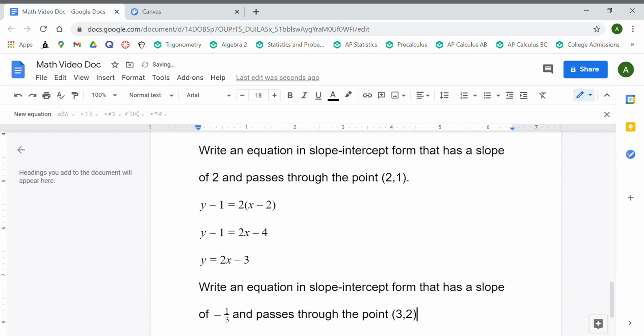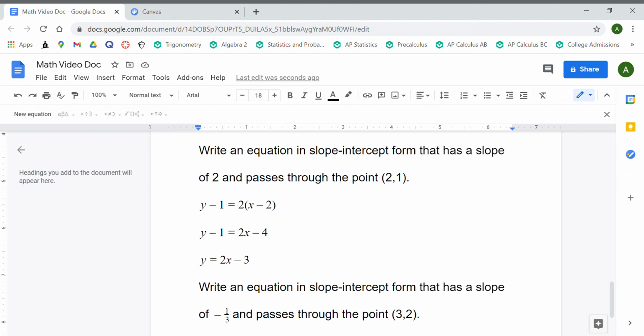Okay, so pause the video, write in point slope form, convert it to slope-intercept form, graph the equation, come back and check when you're finished. Take your time, as I do not want you to have to waste all your work. Okay? So take your time.